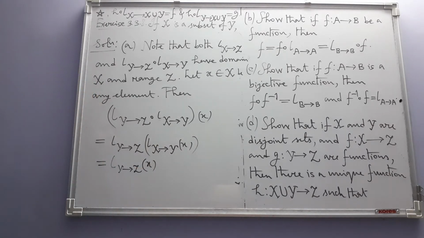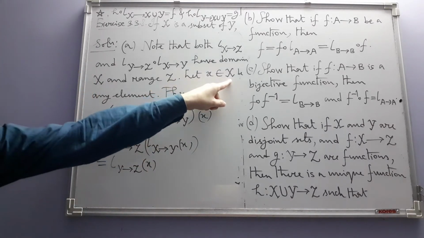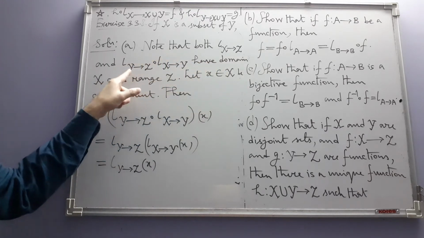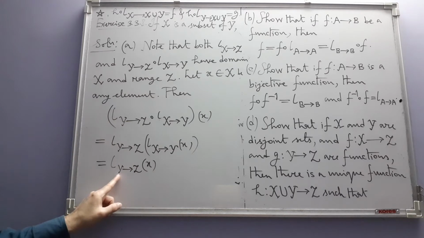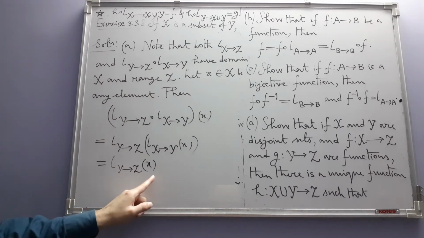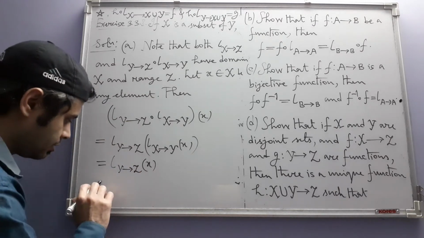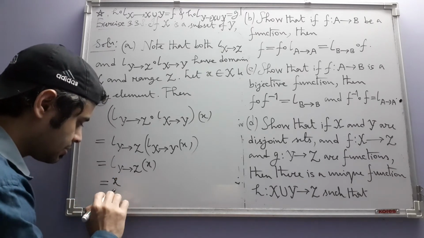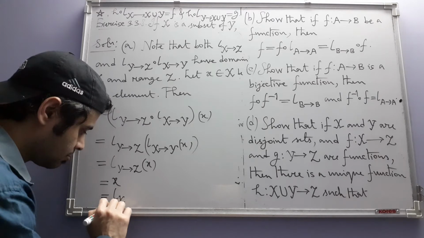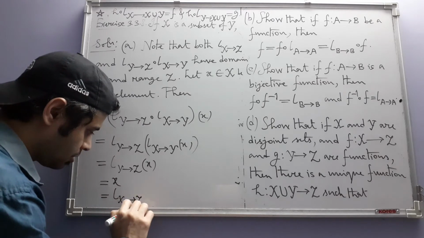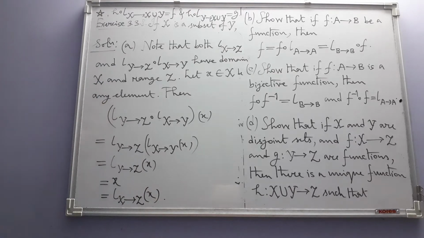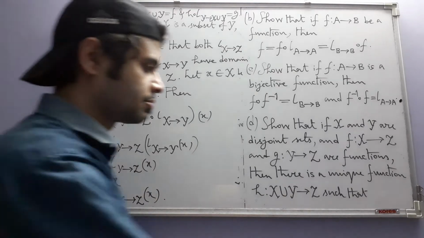Okay. Now, note that since x is an element in X and capital X is a subset of capital Y, x is an element in Y also. So that means we can apply this map on x, and this is nothing but again x, and this x is also the output of this map when the input is x. So that's it.